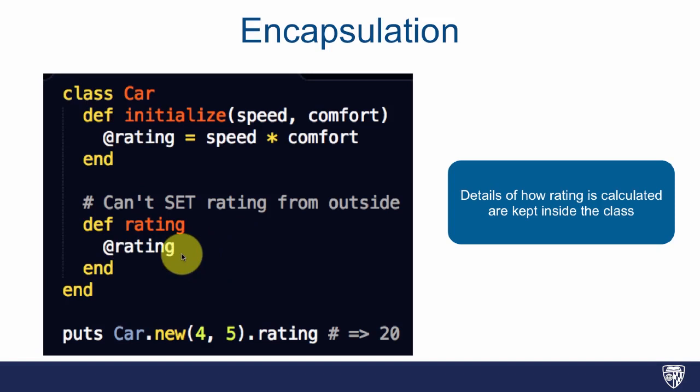That's fine, because the people who depend on the car class are still going to have this rating method, and to them it's just a method that they call. Even if the internal representation changes in how you calculate the rating, that's okay. It's not going to affect the outside API.